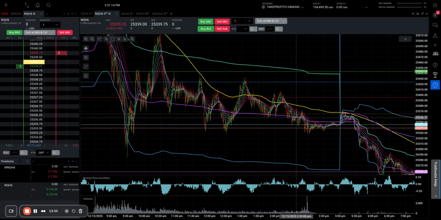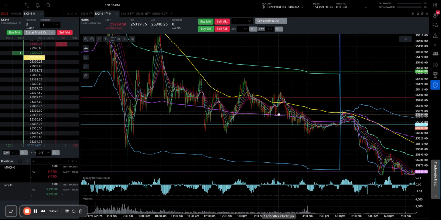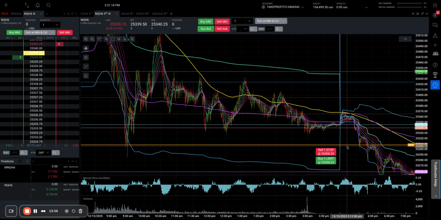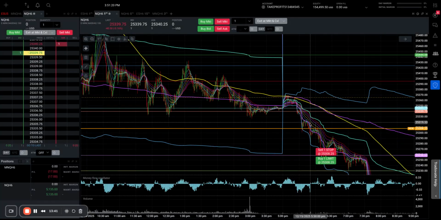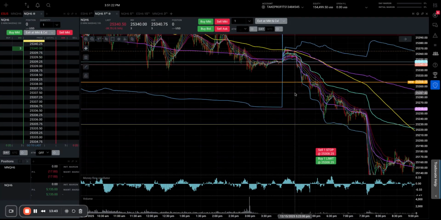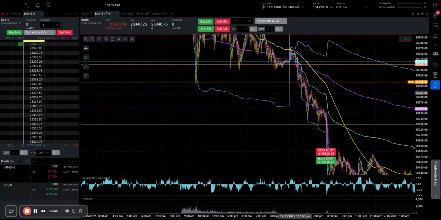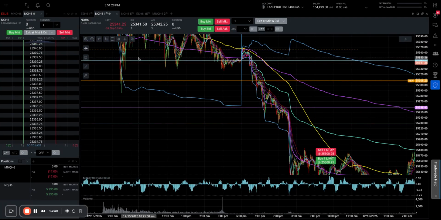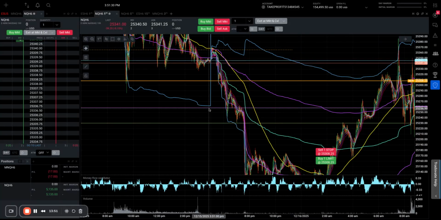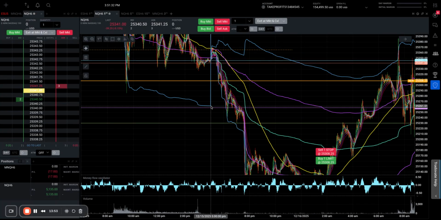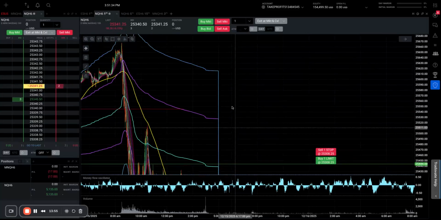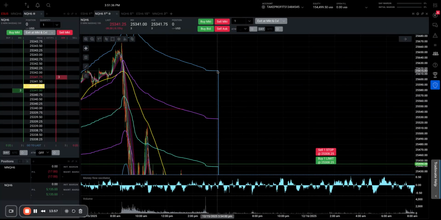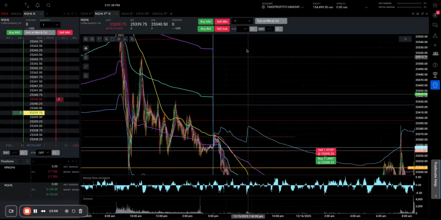Right when you break under this lower middle VWAP, which happened the next day, boom, you keep going down. Now, another thing that I noticed when I'm trading is that you see this lower VWAP here and then this upper VWAP right there. See, this was for the previous trading day.